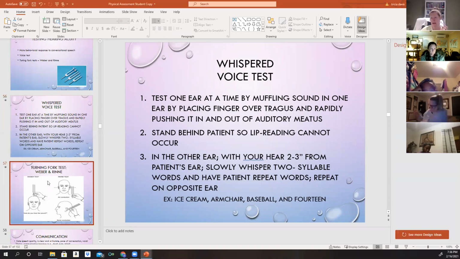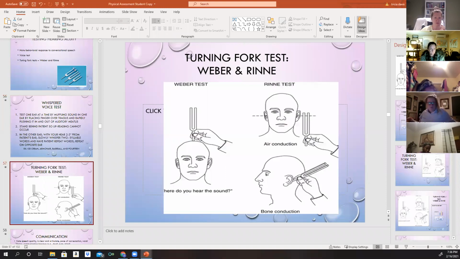So we will talk about that tuning fork test that was created by Weber and Rhine. It is basically a test that looks at bone conduction with the bones in the ear. So you would place that tuning fork that they're showing you in the picture on the vertex or the midline of the forehead.